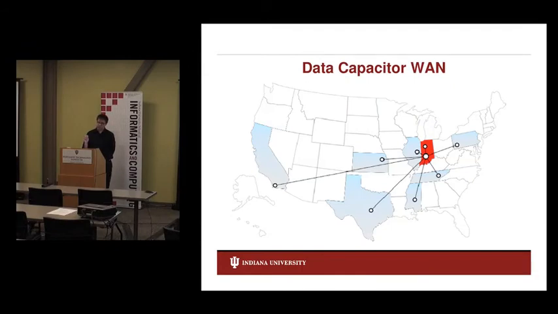So the Data Capacitor is central to IU resources, and now the Data Capacitor WAN is central to nationwide resources. So over the network, we can use resources in San Diego, in Austin, in Kansas, in Urbana, Illinois, Mississippi, Tennessee, Pittsburgh. Anybody that wants to mount the Data Capacitor, we can work with them and do this over the network.